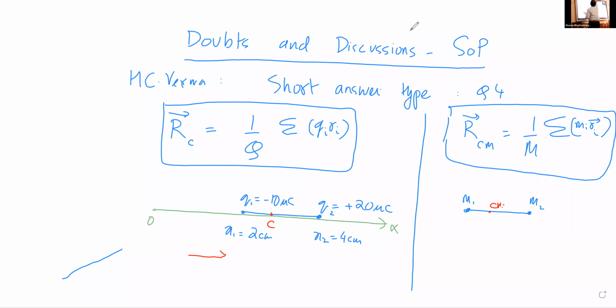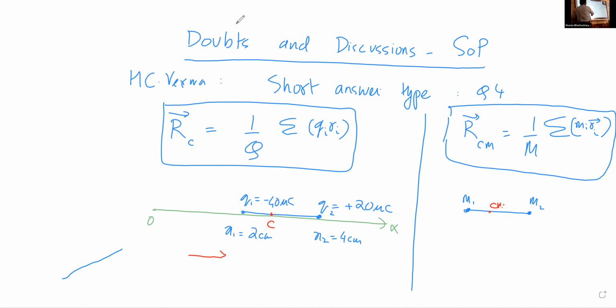In fact, let's do it the other way. Let's make this one minus 40. Now see where the center of charge is going according to the formula.